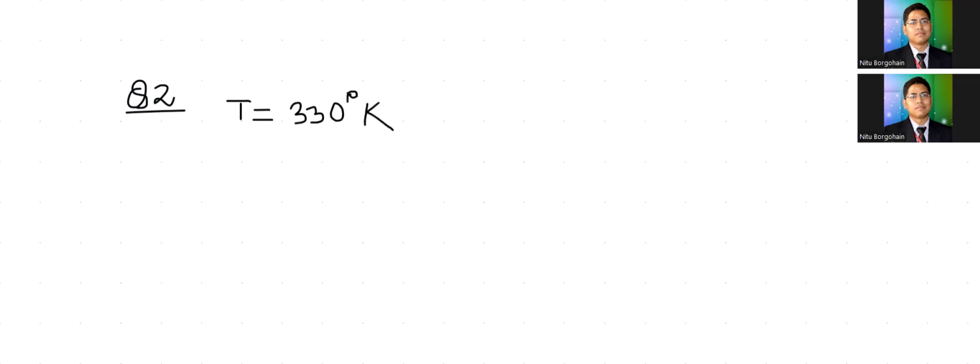Okay. Now the ratio N2 by N1 is given. The ratio of the population of two energy levels is 1.059 into 10 to the power minus 30, out of which one corresponds to the metastable state.